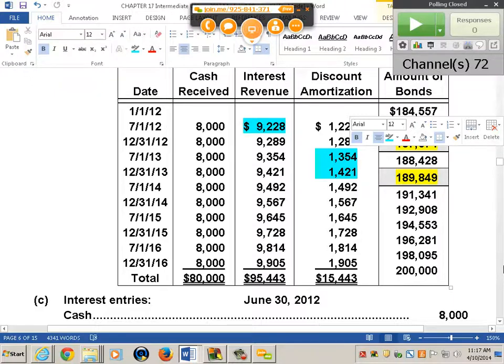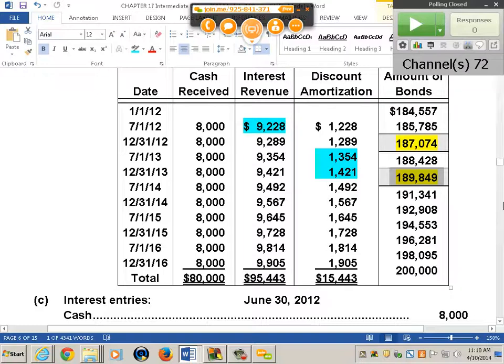That is the amortized cost on the date, and in fact, you could see it up on the screen in yellow right here. So that's why I've highlighted that box at the December 31st, 2013 date.